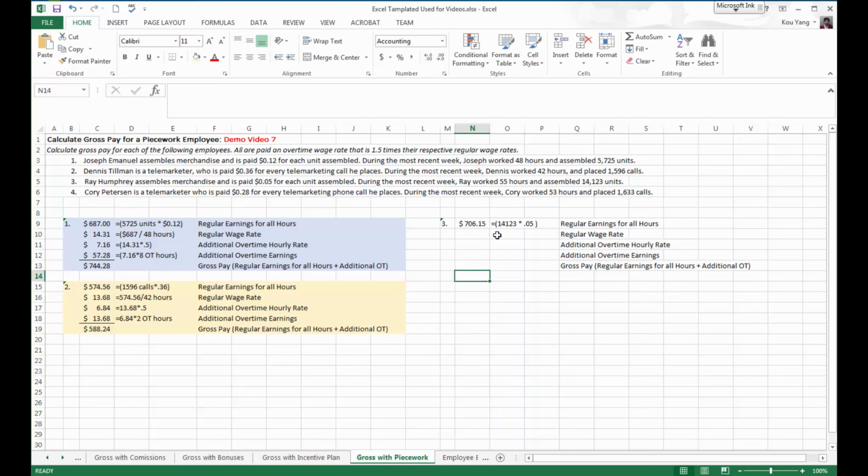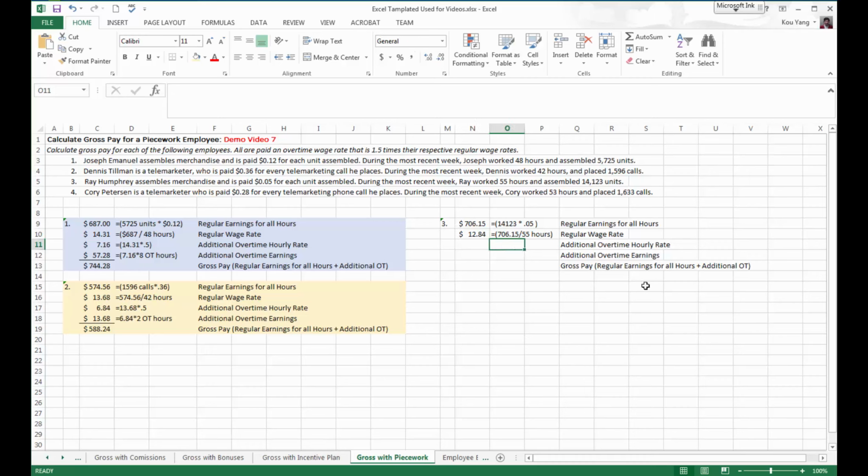That's for Ray Humphrey. For the regular wage rate, we're going to take 706.15 divided by the 55 hours worked, not regular, but the total hours worked, for a regular wage rate of $12.84.